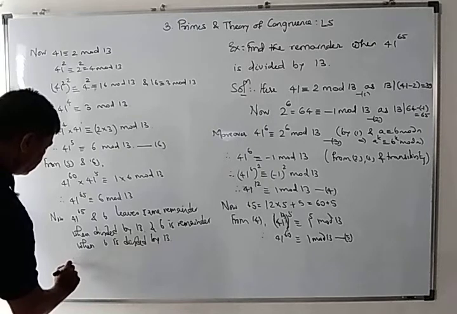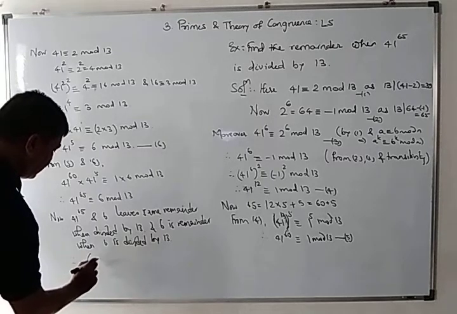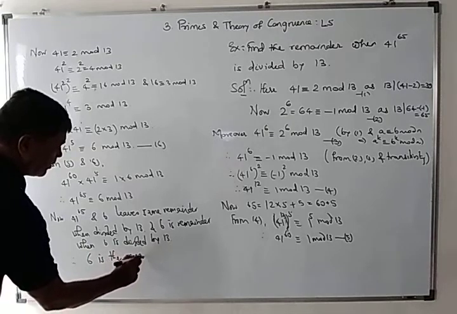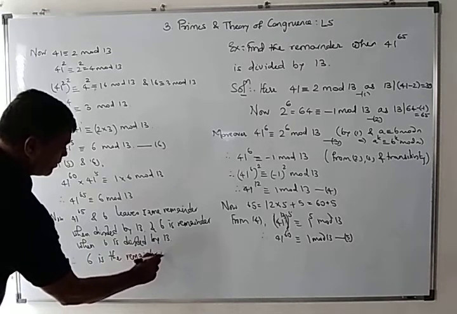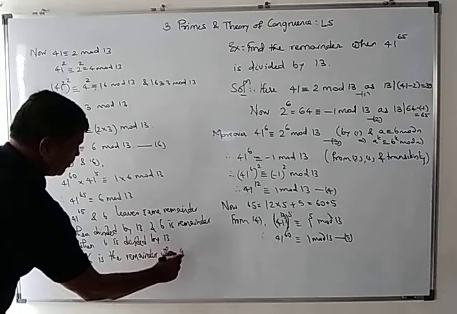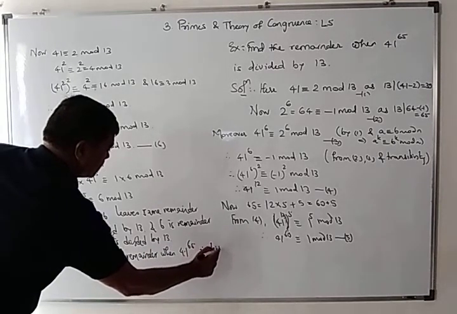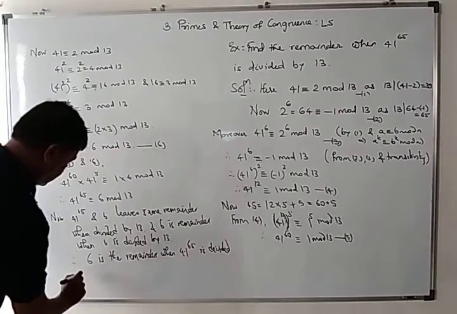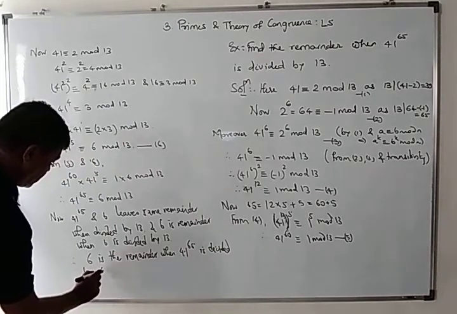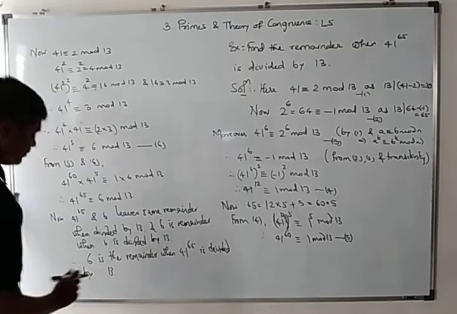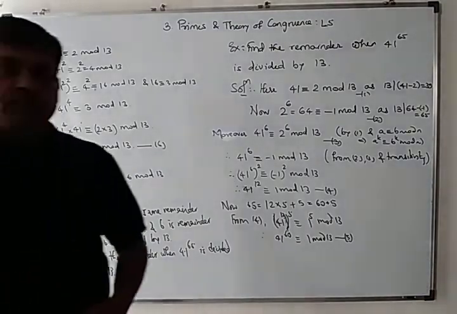Therefore, 6 is the remainder when 41 raised to 65 is divided by 13. Is it clear?